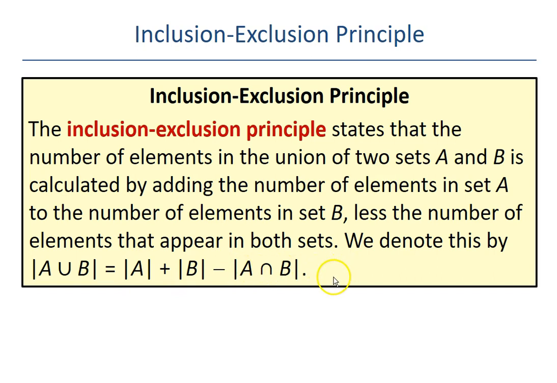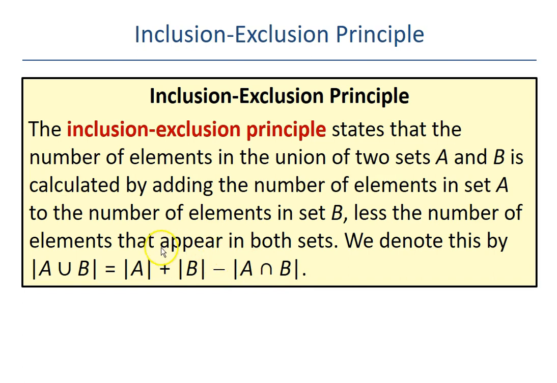So again, note this formula under inclusion-exclusion principle, that the cardinal number of the union of set A and B is equal to the number in set A plus the number in set B minus those items that intersect.